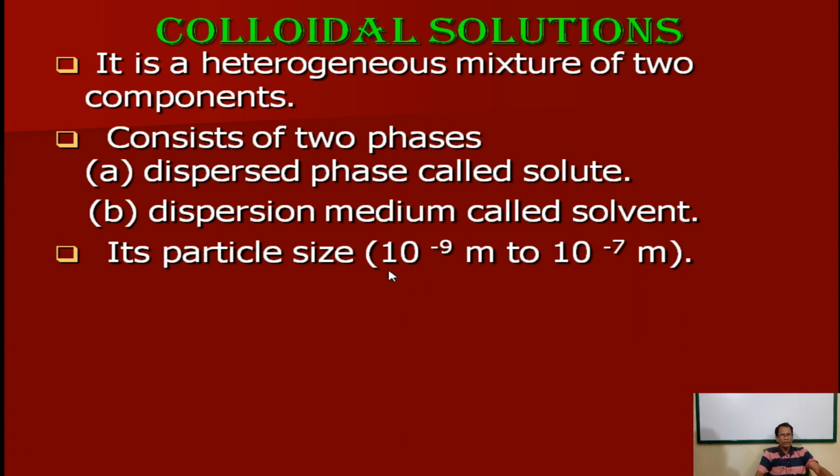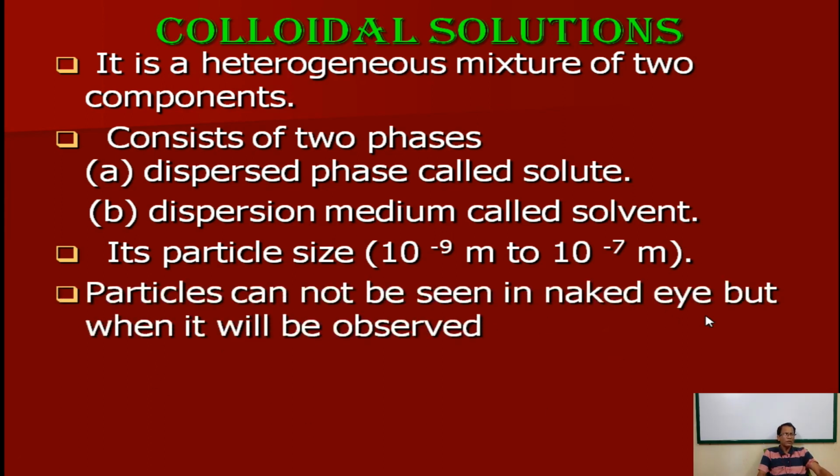Less than 10 to the power minus 9 is a true solution, greater than 10 to the power minus 7 is a suspension, and in between is colloidal. Colloidal particle size is in between true solution and suspension. That's why the range is 10 to the power minus 9 meter to 10 to the power minus 7 meter.